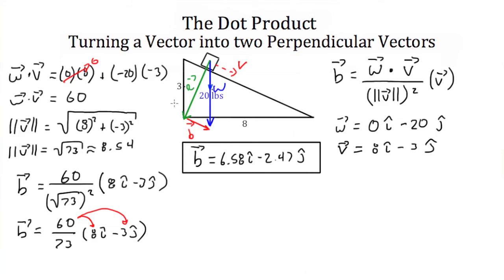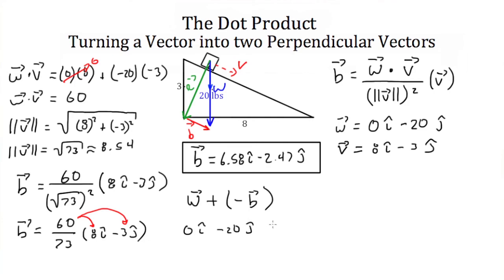Now we just got to find our vector A. Now notice if you take A and you add it to B, you'll end up with your original vector W. So instead, to find vector A, we're going to take our vector W and we're going to subtract or add the negative of vector B. Well, vector W is equal to 0i minus 20j.